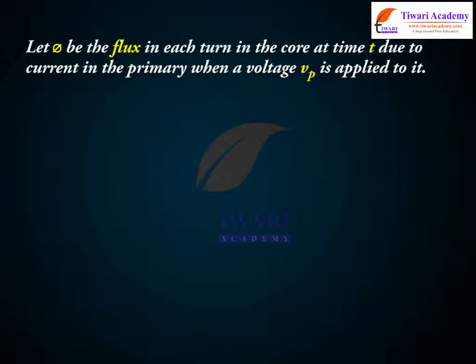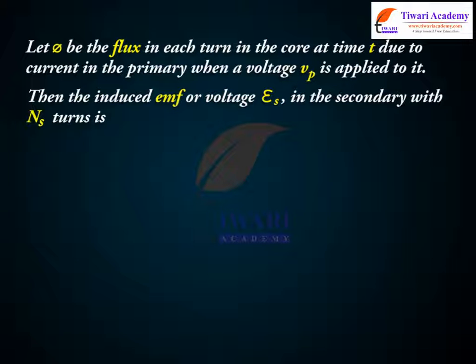Let phi be the flux in each turn in the core at time t due to current in the primary when a voltage Vp is applied to it. Then the induced EMF or voltage epsilon s in the secondary with Ns turns is epsilon s = -Ns dphi/dt, equation 1.